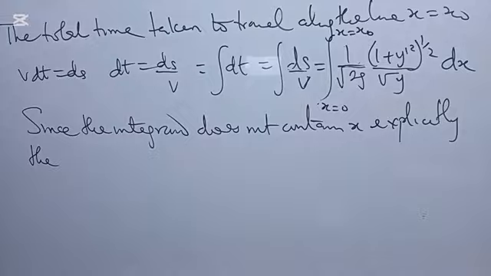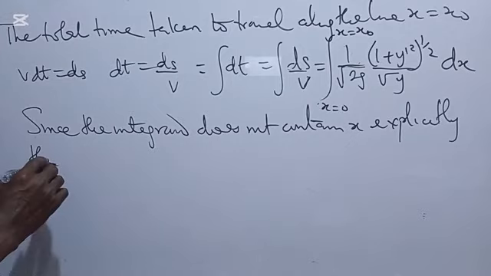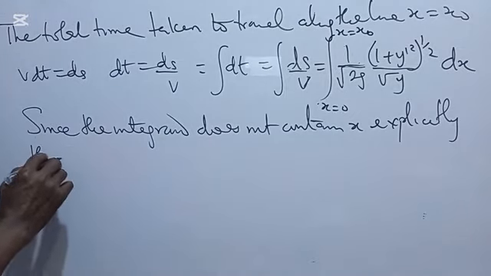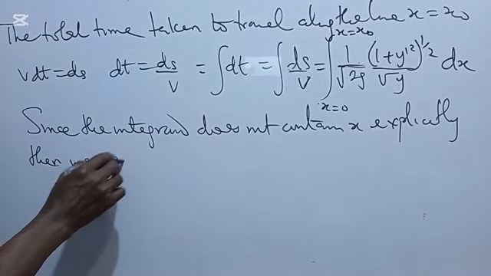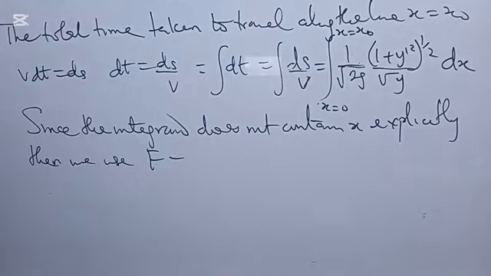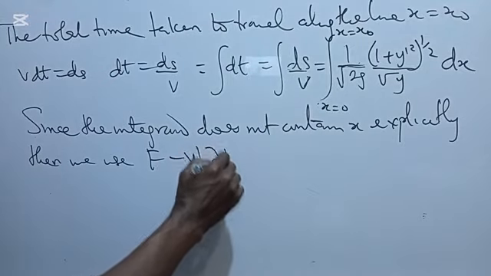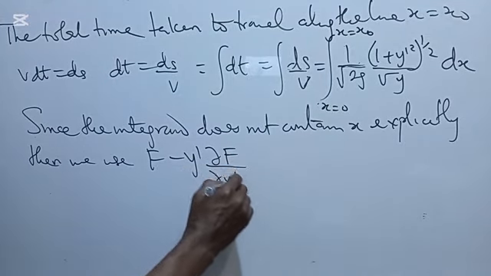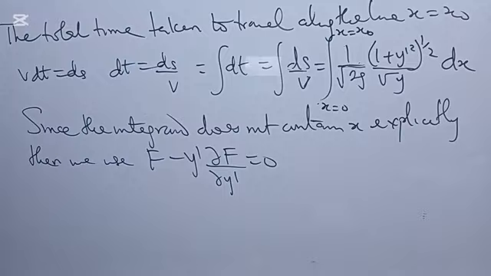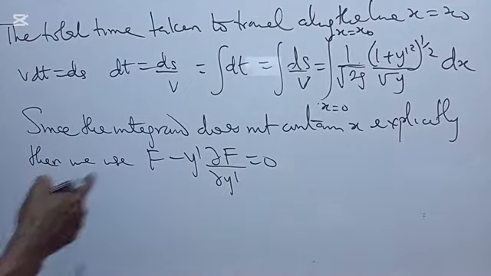Beltrami identity. We use the Beltrami identity, which is f minus y prime dF/dy prime is equal to 0. Okay, so we're going to use that. That is the identity we are going to use.